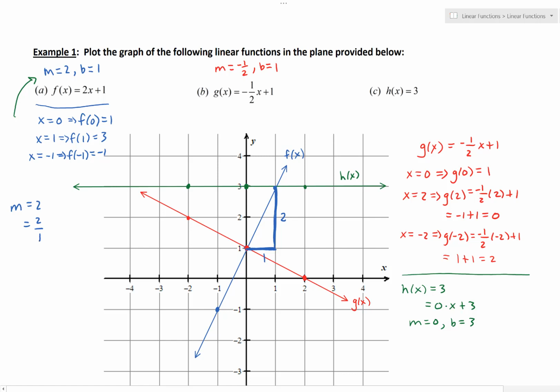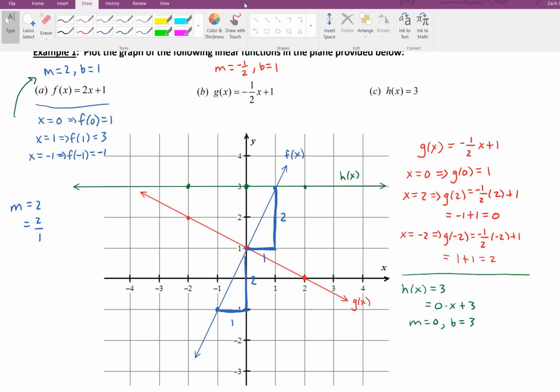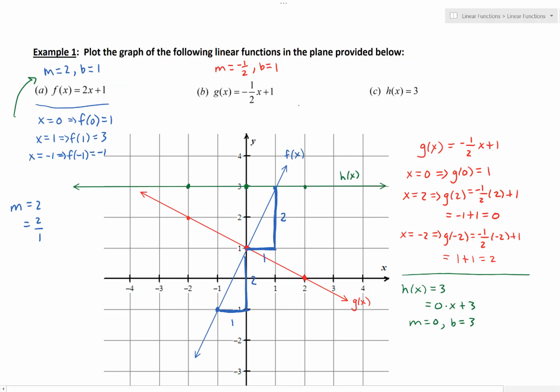Go to a different point on the graph. Say at x was -1, we were at the output of -1. If I move over 1 unit, right, I go up again by 2 units. Again, we get that value as a ratio. The output change over the input change is this value m. In fact, if we go to the red graph of g, and remember that for g, the m value is -1/2.